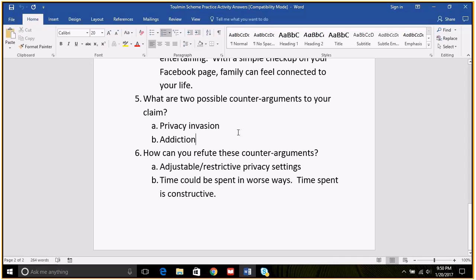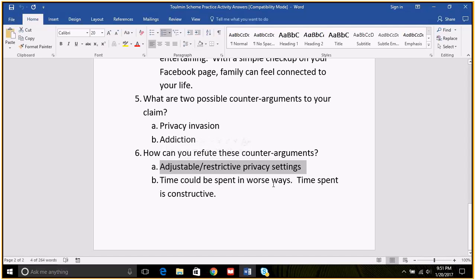But you still have to treat these counter arguments effectively. You have to refute them. And the refutal is going to be your answer to the counter arguments you bring up. Remember, if you cannot refute the counter argument, don't bring it up. I think these are two counter arguments we can actually refute. So we'll start with privacy invasion. We could refute the fear an audience would have about, oh, well, this is going to be an invasion of my privacy.